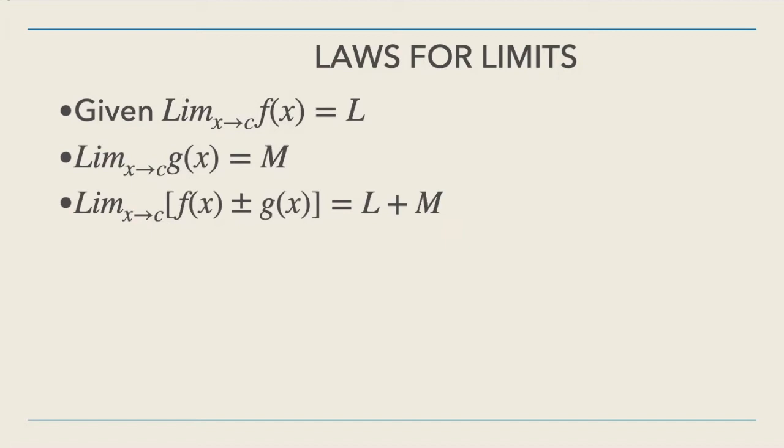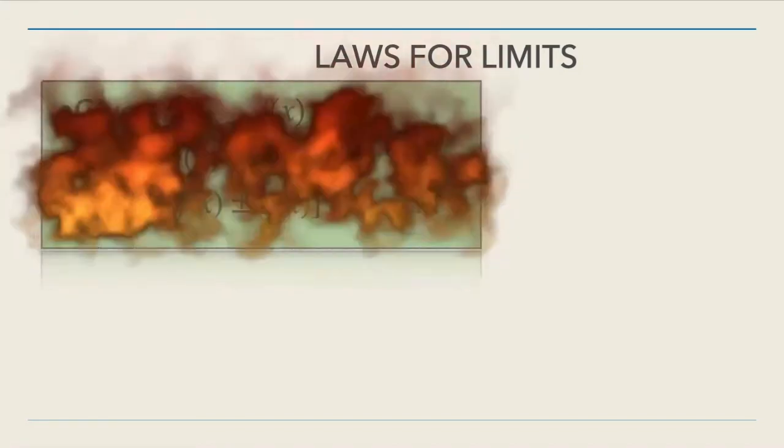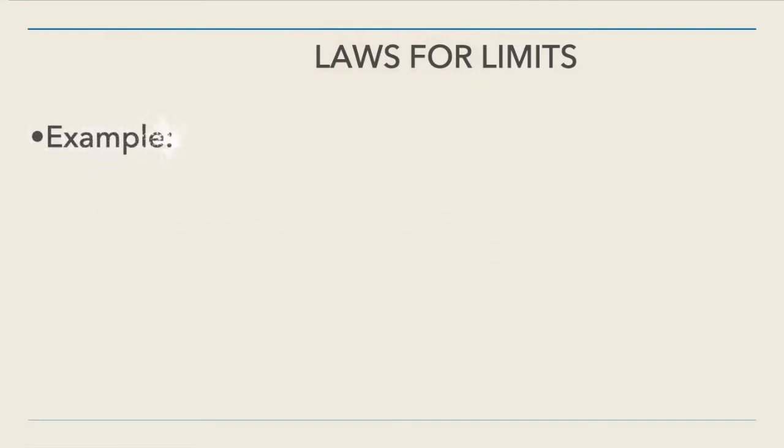What we can do is find the limit just as before, and we just add the values that we get for each limit. So, for example, let's look at this example. Find the limit as x tends to -1 for x squared minus 3x plus 2.